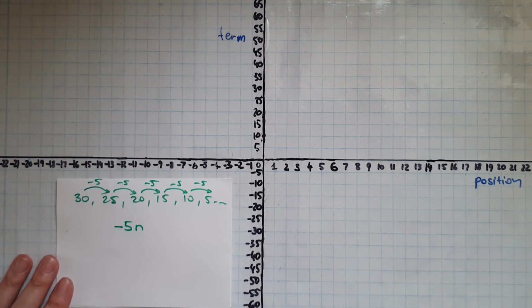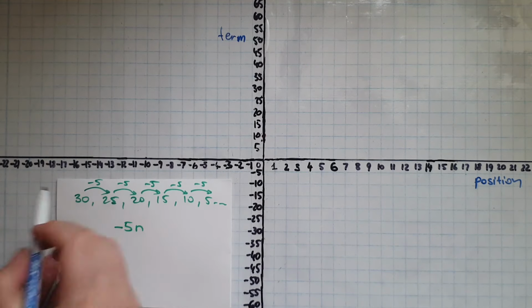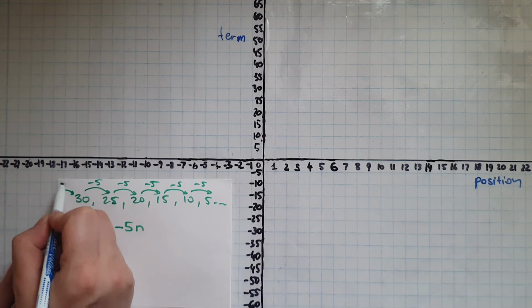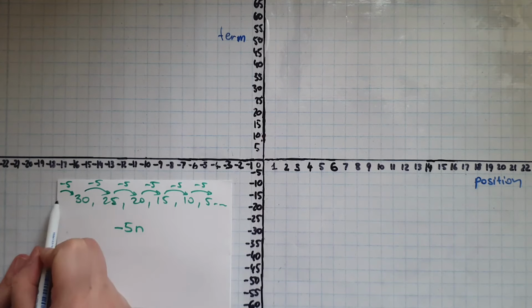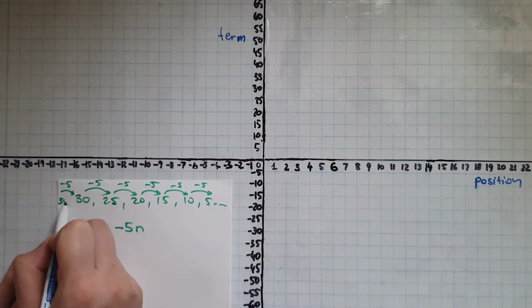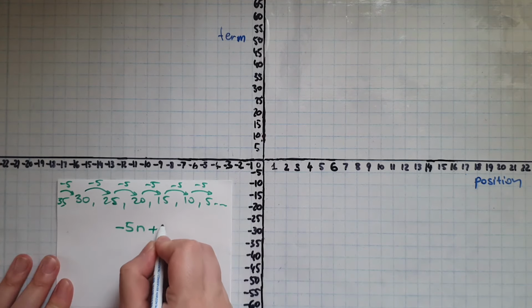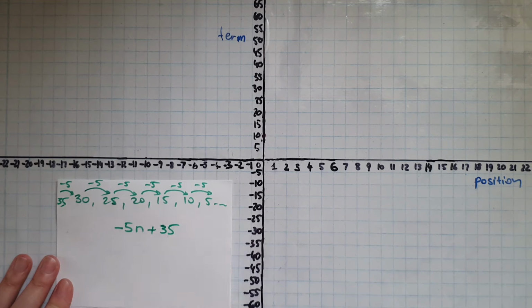So the nth term will be something like negative 5n. But we're not finished yet, because we've got to go one step backwards. What's that number which we take away 5 to get 30? It is 35. And it's a positive, that's why we write plus 35 here.